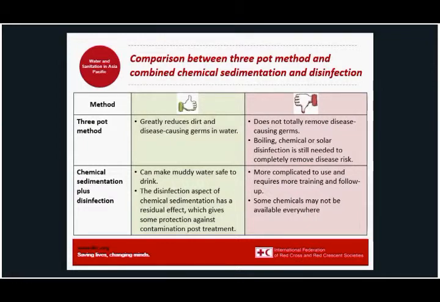And what about chemical sedimentation? The good thing is that it can make dirty water safe to drink, especially if you have disinfection at the same time.